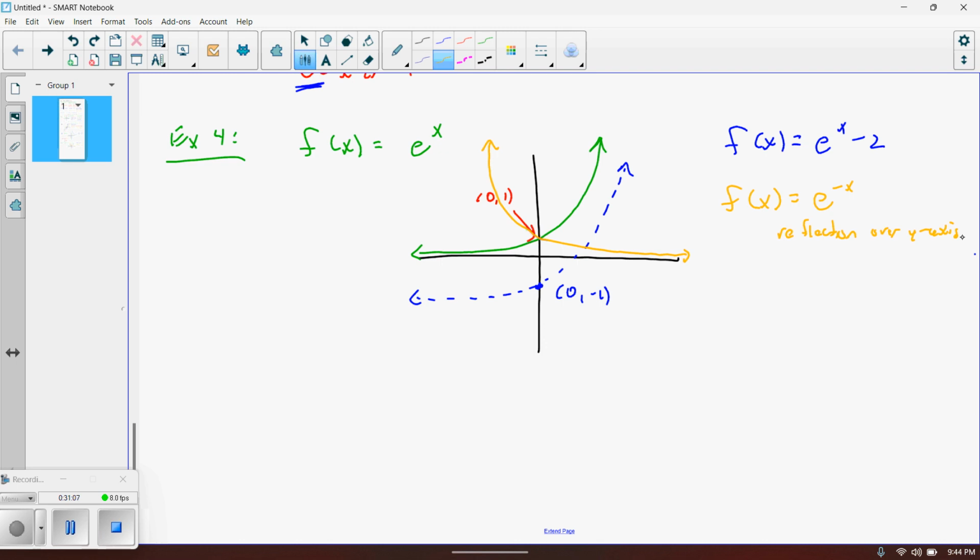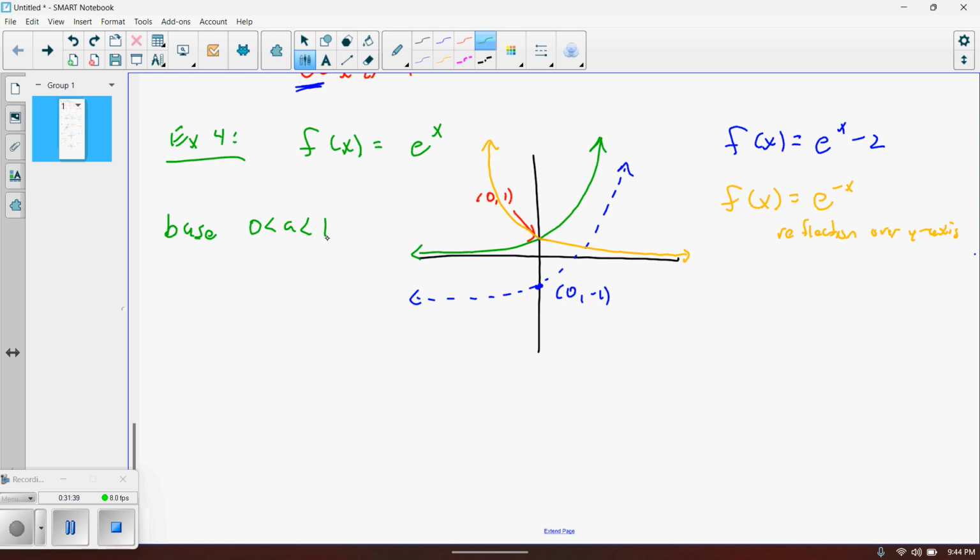By changing the base of the function, that also makes a difference as to how the function looks. So in this case, your base, which in this case was e, but if it's a base which is in between 0 and 1, so if your base is a number, 0 is less than a is less than 1, then what's going to happen is you're actually going to have a decreasing function.